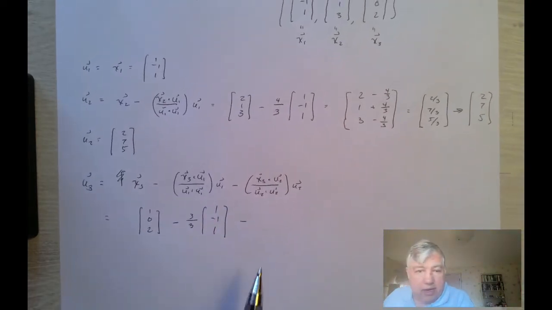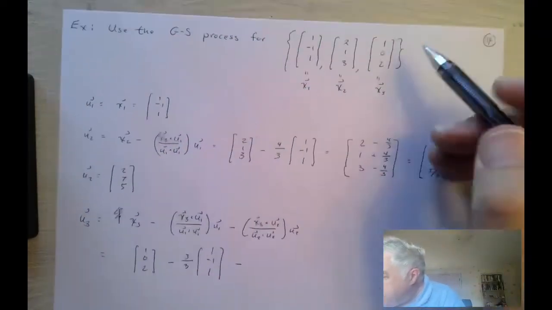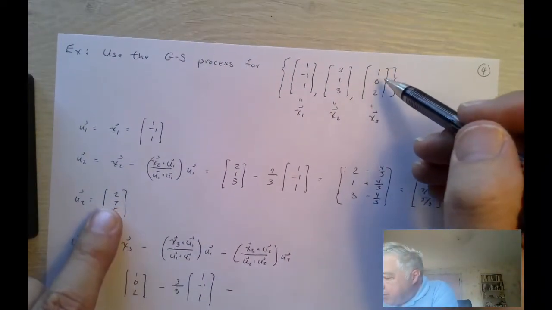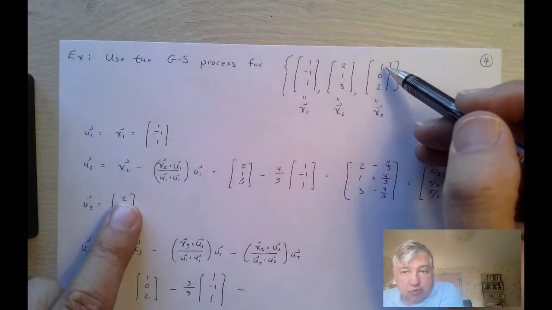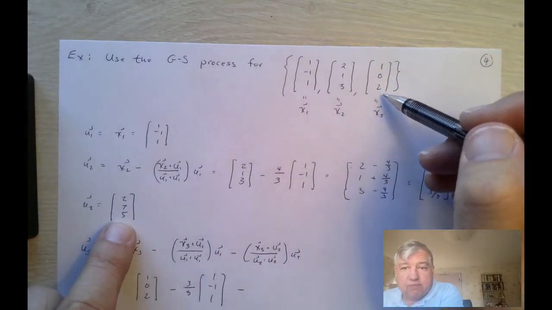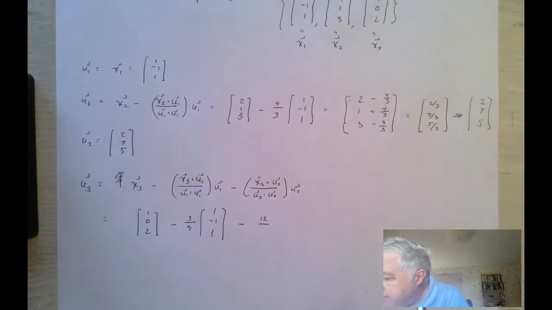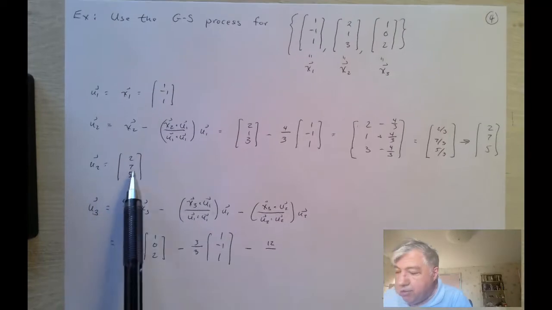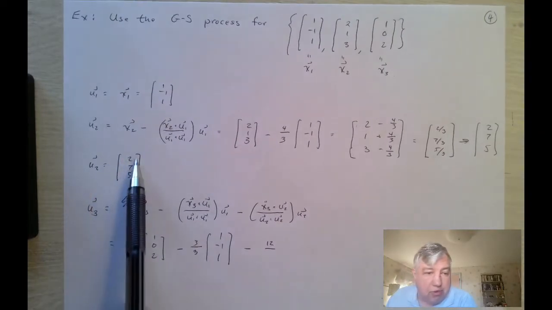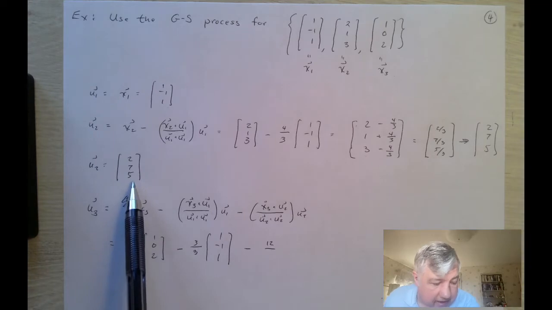And then we take x3 dot u2. Here's u2, this is going to be 2 plus 0 plus 10. So that's 12. And u2 dot u2 is going to be 4 plus 49 plus 25. Okay, so that's going to be quite a big number.